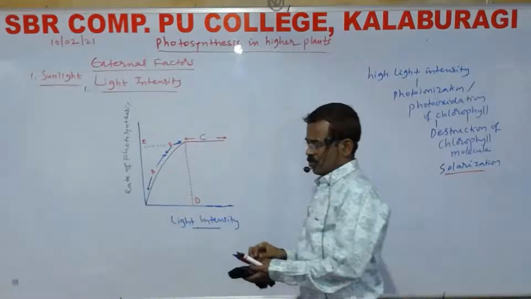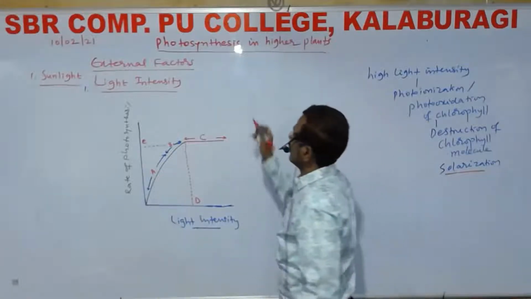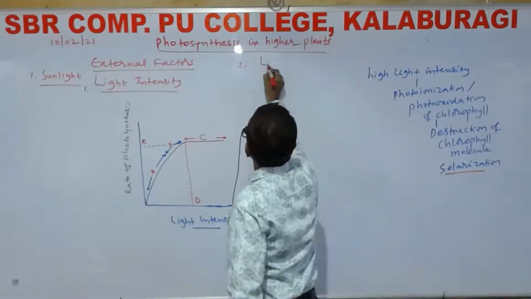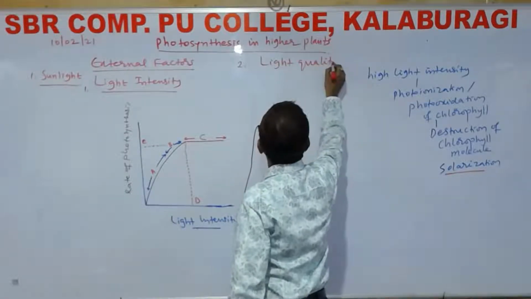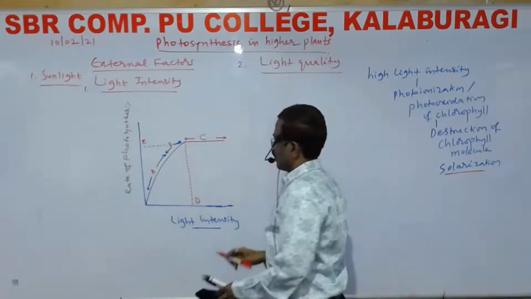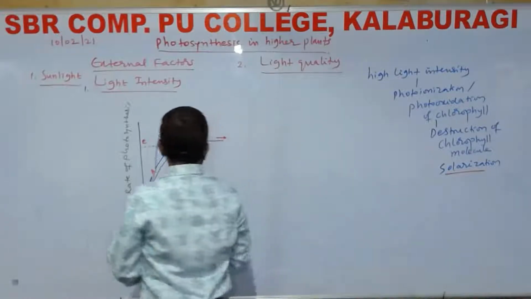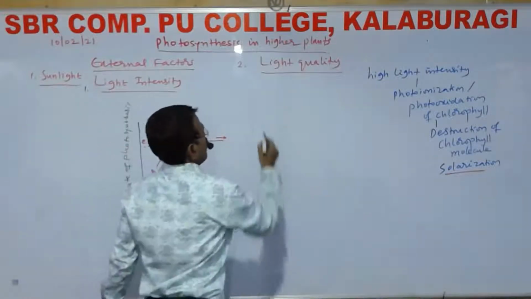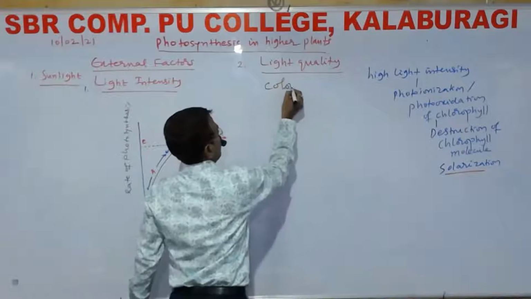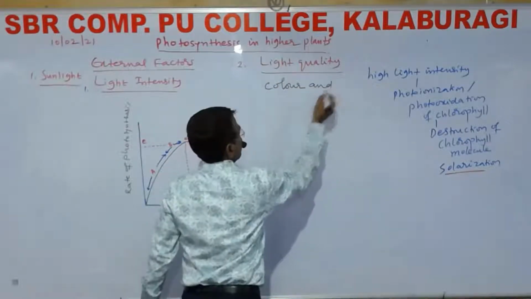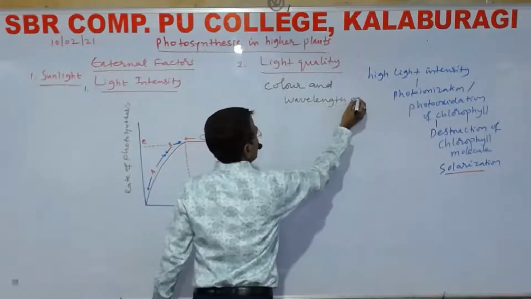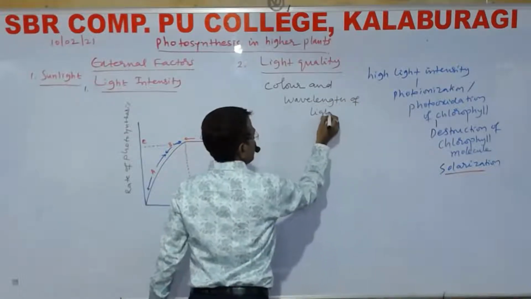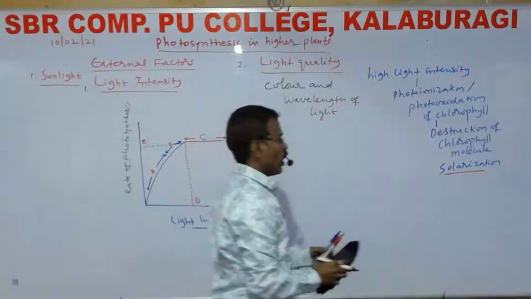Now moving on to the second property of light, that is light quality. Light quality refers to the color and wavelength of light.